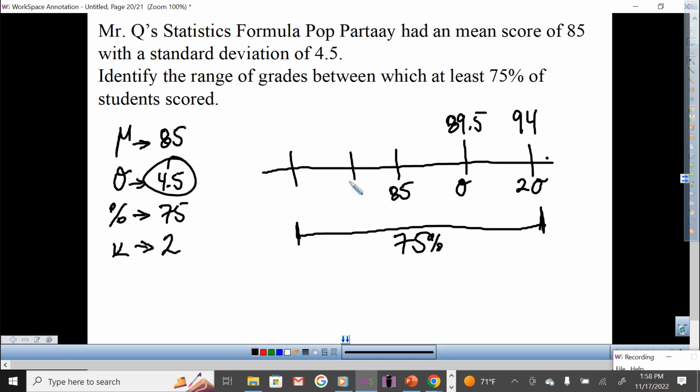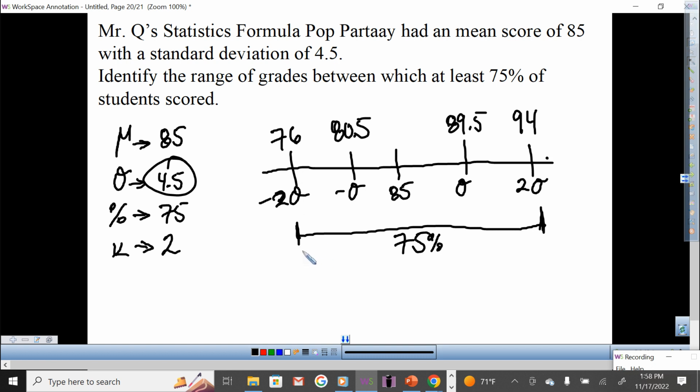All right, Mel, give us the negative standard deviation. 80.5, and the negative second standard deviation, Cheney. We're going back that. 76. Yeah?